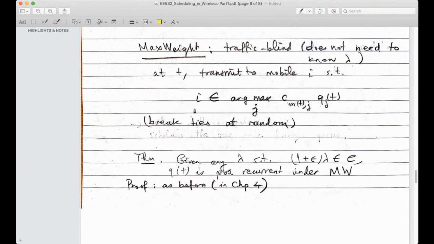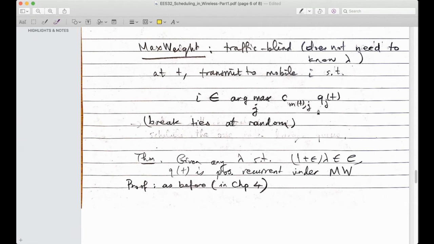Now, here is the general statement for max weight. At any time, transmit to mobile I such that I is one of those indices that achieves the maximum of this expression, which is the rate that user J can achieve during the channel state that is valid at time t, multiplied by the Q size of this user.